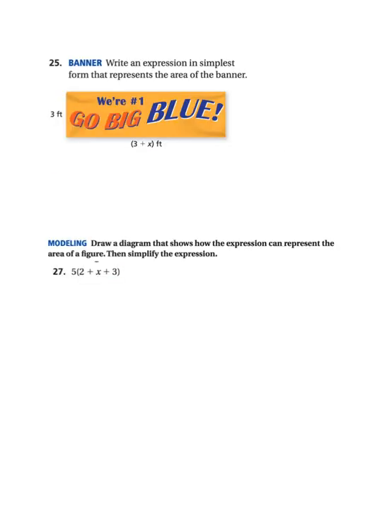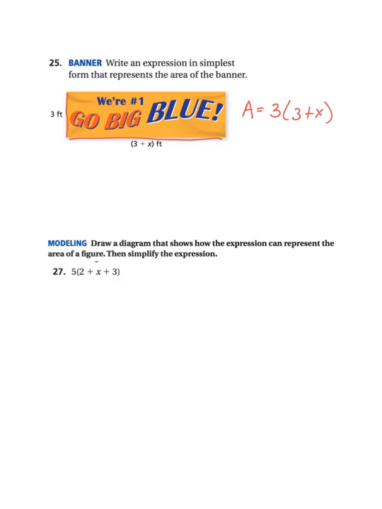expression. All right, my next problem is talking about this banner, and it says write an expression in simplest form that represents the area of the banner. Now we know that area is length times width. So our area here will have, I'm going to do width times length, 3 times 3 plus x.